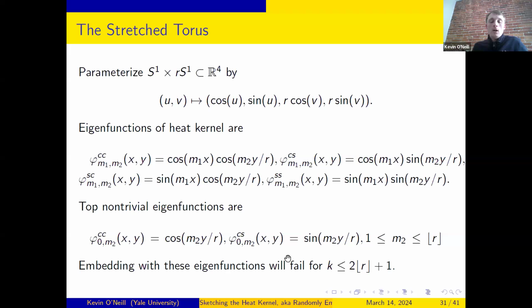It takes a while for the eigenfunctions to see the x variable. And so if you use diffusion maps, or similarly a spectral embedding in this case, and you try to embed this stretched torus, you're going to get a bunch of eigenfunctions which separate everything on the second copy, and it's going to treat everything in the first copy as noise.